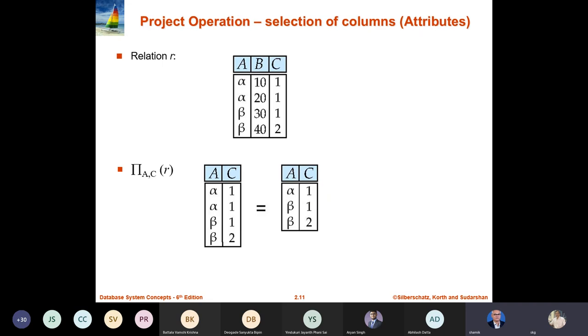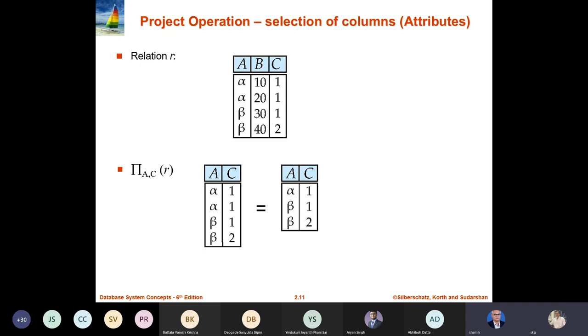In case of a project, it selects a set of attributes or columns. If I have a project of A and C, then it is projecting A and C. In this case, it projects alpha 1, beta 1, beta 2.